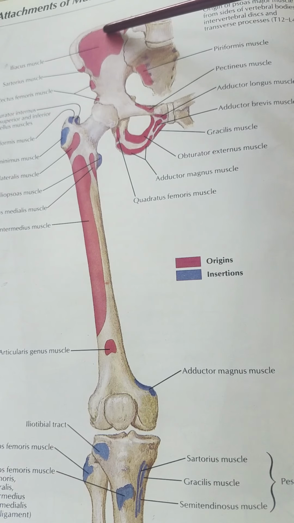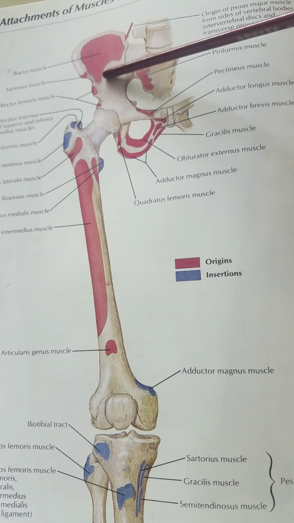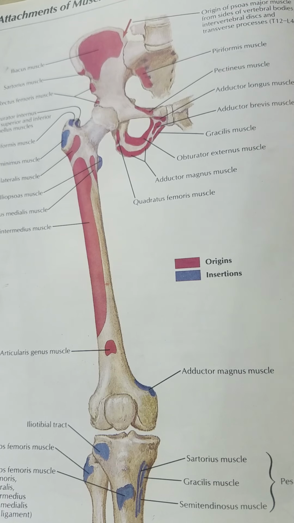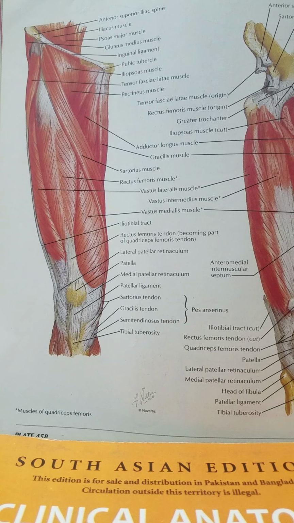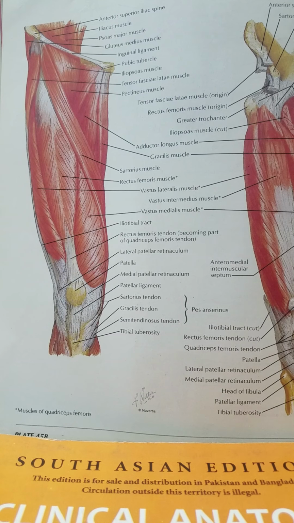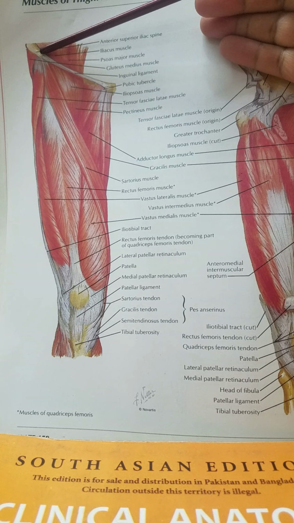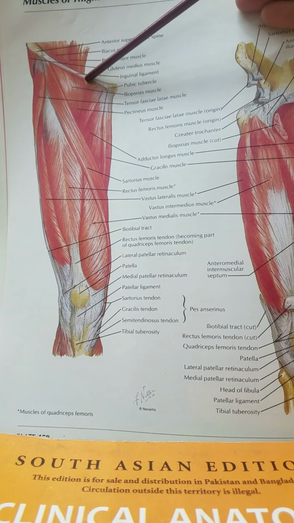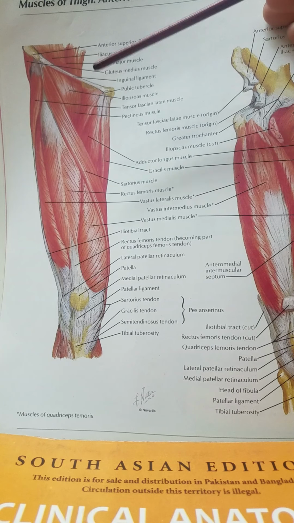Here you can see the iliac fossa. All of this red color represents the attachment of the iliacus muscle. Here you can see the anterior superior iliac spine, and from here extends medially the inguinal ligament all the way to the pubic tubercle.